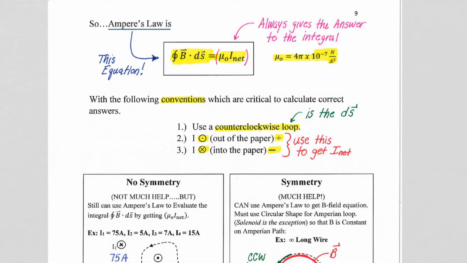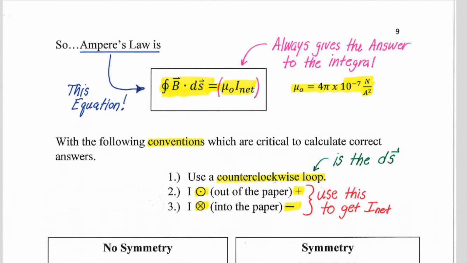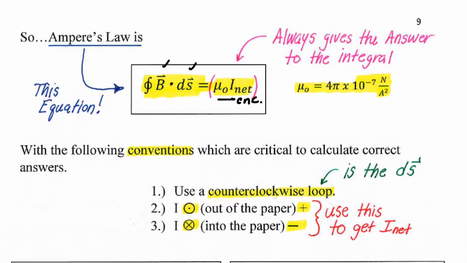In this lesson, we can now finally, formally, put down the equation. The integral around a closed path of B dot ds will equal mu naught I net, and really you should add the word enclosed here, so put a little ENC in there.